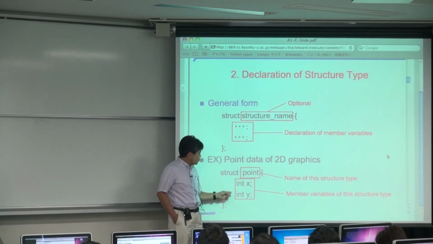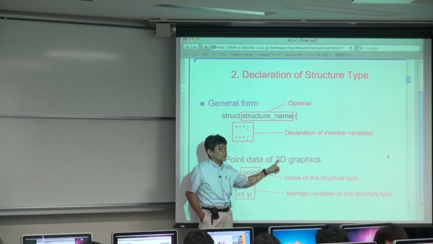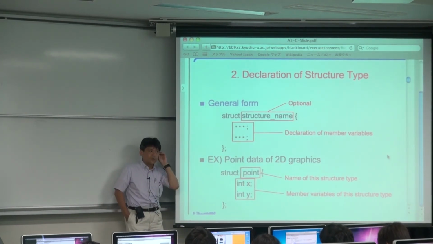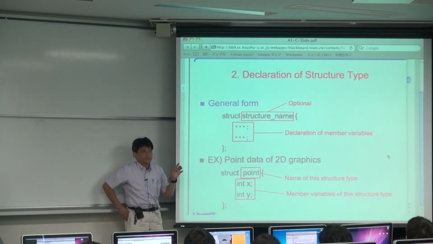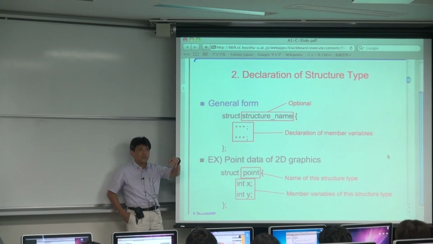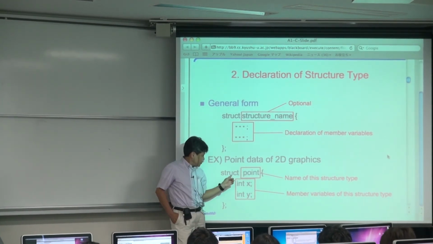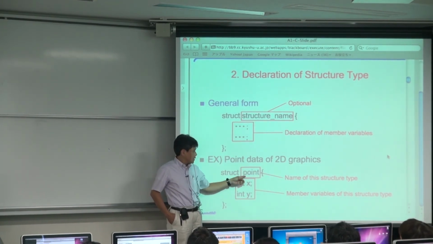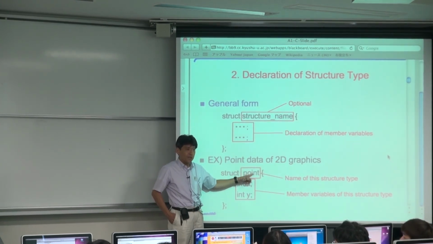This example is for the point data type, especially for 2D graphics. Usually in 2D graphics you have to specify the point location, the 2D coordinates: x coordinate and y coordinate. So you can define such a structure type. Its name is point. Point is the structure type name, the structure name.